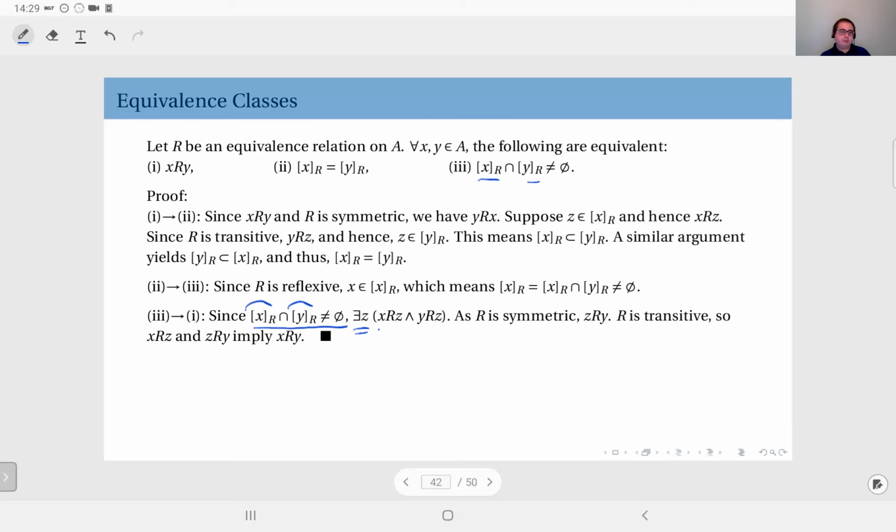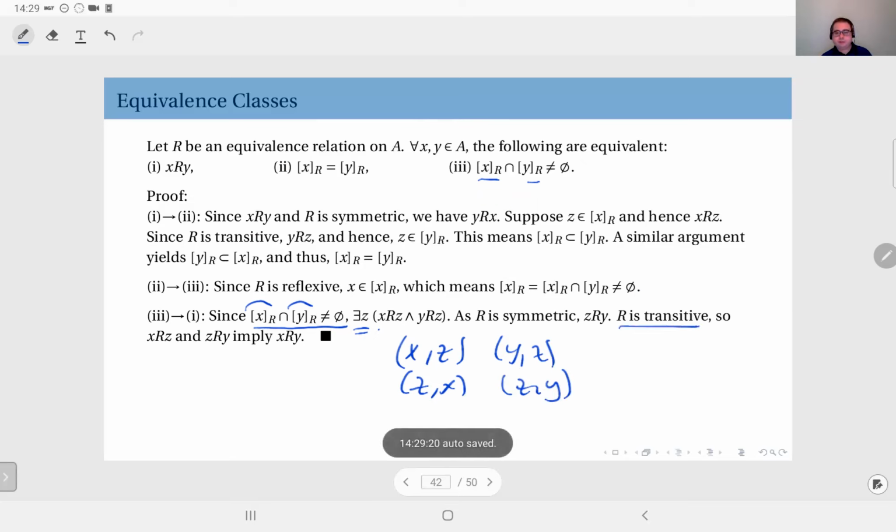R is symmetric because it's an equivalence relation, which means we have xz and also zx, and we have yz and at the same time zy.